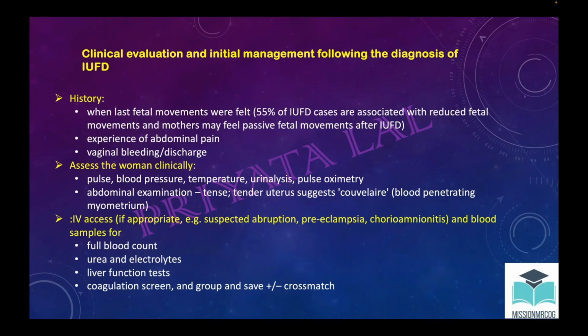Abdominal examination to check for a tense, tender uterus, which could be because of abruption. The patient should have IV access, and samples for full blood count, urea and electrolytes, liver function test, coagulation screen, and group and save cross-match. Then induction and whatever treatment would be started. So this will be the basic baseline.